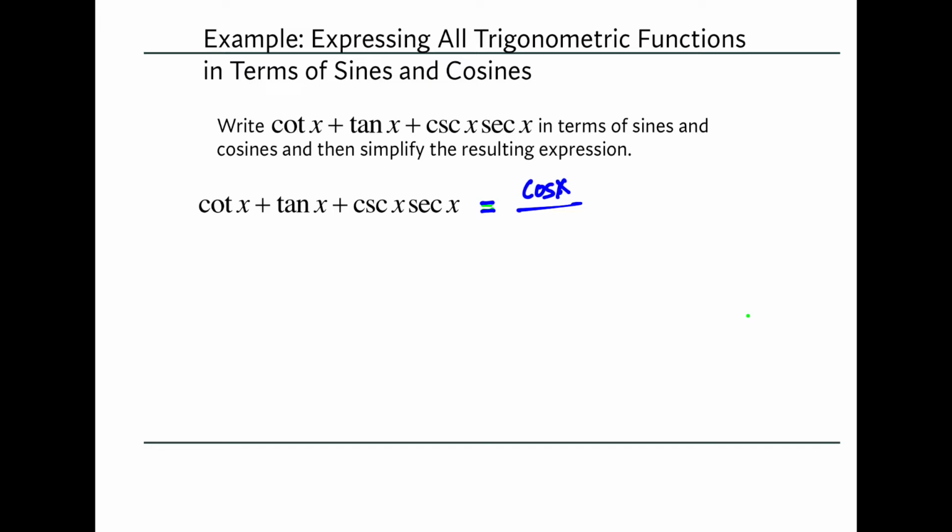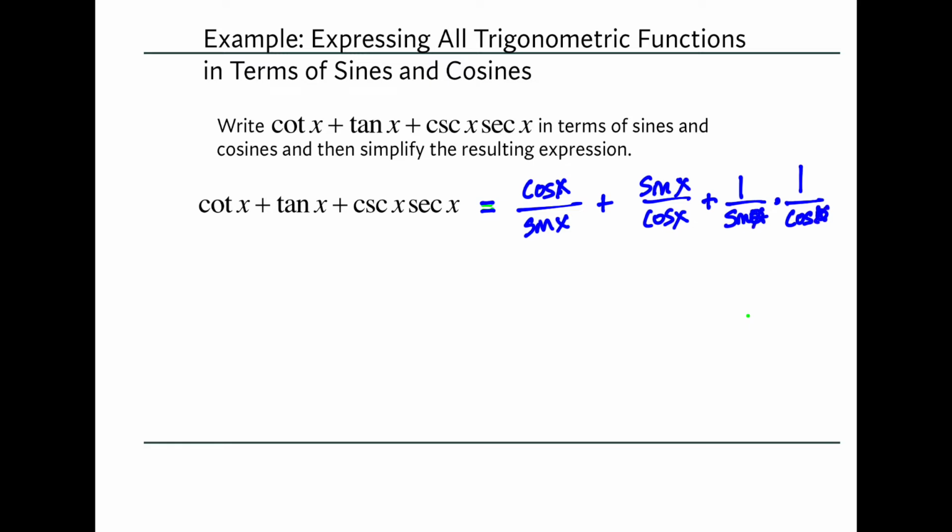So for example, cotangent is cosine over sine, and tangent is sine over cosine, and cosecant is 1 over sine, and secant has a relationship with cosine. Well, let's keep those as x.